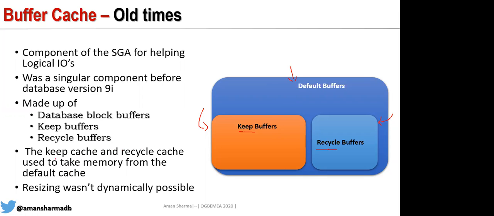Now, the keep cache and the recycle cache earlier used to take the memory from the default cache itself. And this entire thing was static, which means that if you wanted to change any component size, it was not available to you. You had to restart your database.